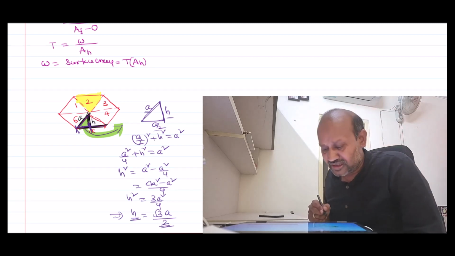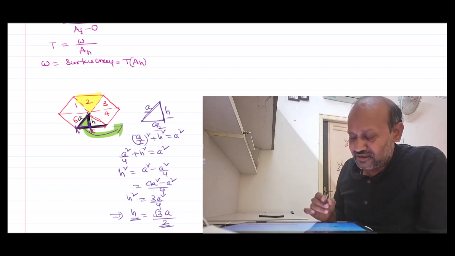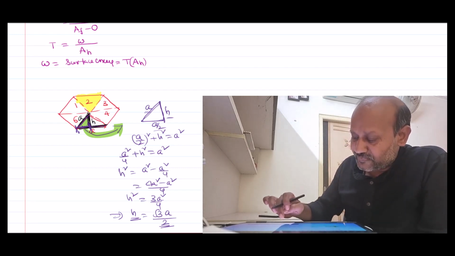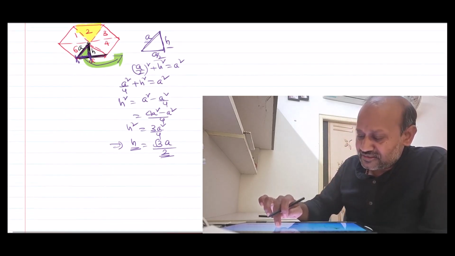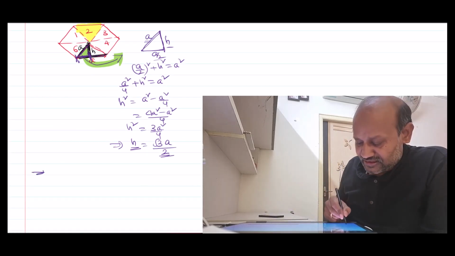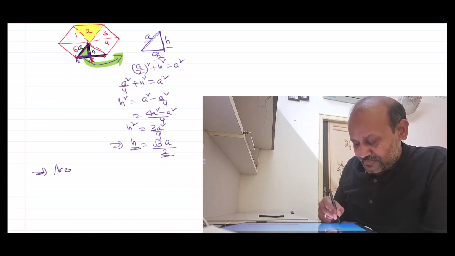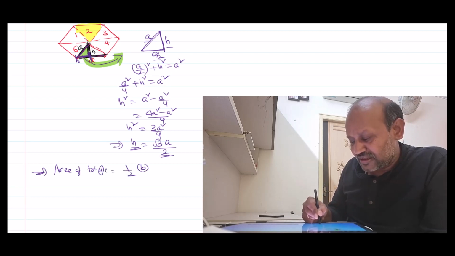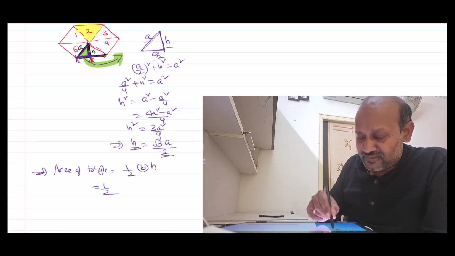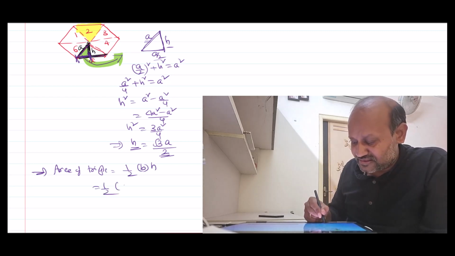Now I know the height of the triangle and I know the base of the triangle, which implies I can find the area of the triangle. Area of the triangle is, as I told you earlier, half times base times height.